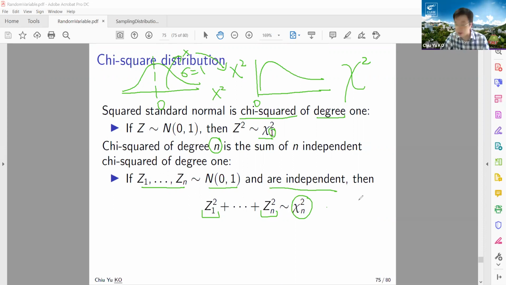There's nothing to understand here, but just something you need to know, so you remember later. It's just a definition, because they're defined in this way. The square of a normal is called chi-square. Many squared and added together is called chi-square n.